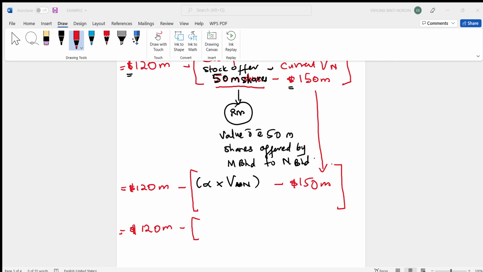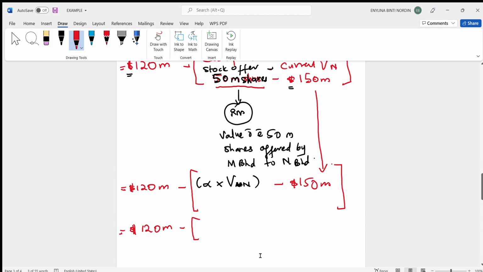So how are we going to determine the percentage of ownership? Right, so this is the formula. New shares issued to the shareholders, and you divide by the total shares issued by M Berhad. Okay, let's go back to this one.